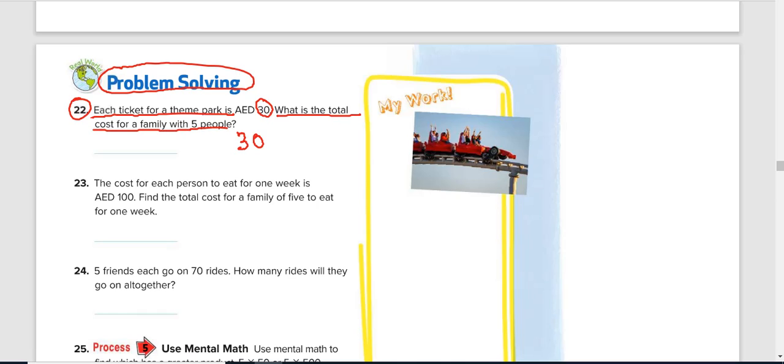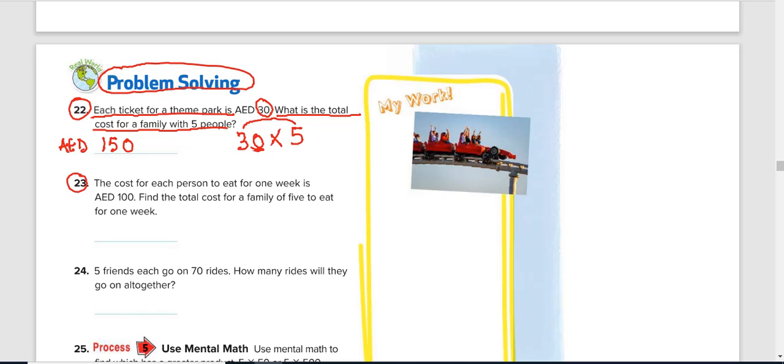So one ticket costs 30, but there are 5 people. So to get the total cost, you need to multiply 30 times 5. So very easy, I can do, okay, what is 3 times 5? That is 15. But remember, 30 has 1 zero, so you put a 0. So the total cost is 150.